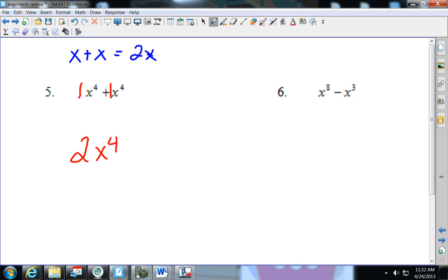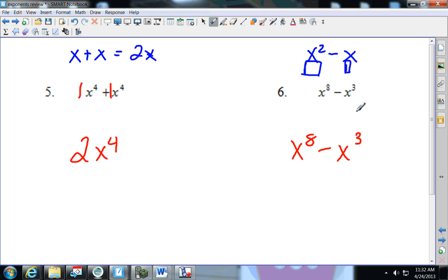Now on number 6, it has a minus between it. If I told you x squared minus x, have we ever put those together? We've never put those together because they're not the same. Remember, this is a big square and this is a rectangle? This is the same thing. There's nothing I can do. The answer to this one is x to the 8th minus x to the 3rd. When you are adding and subtracting, those exponents have to be the same.